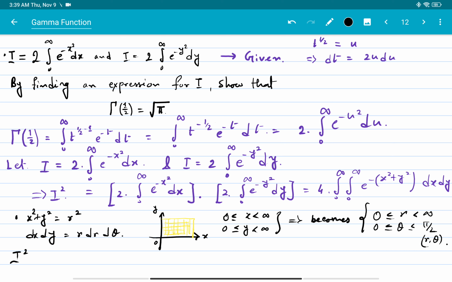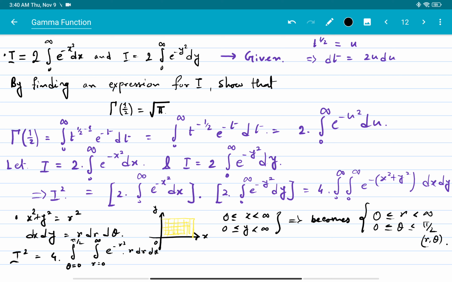So I square will be 4 times the integral for theta equals 0 to pi by 2 and r equals 0 to infinity of e to the power minus r square times r dr d theta.